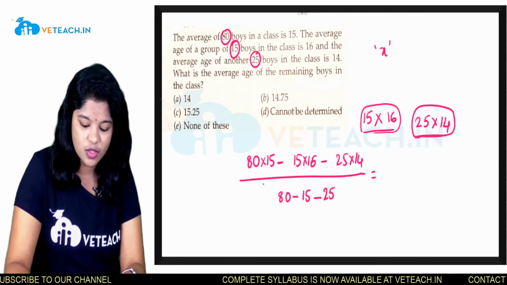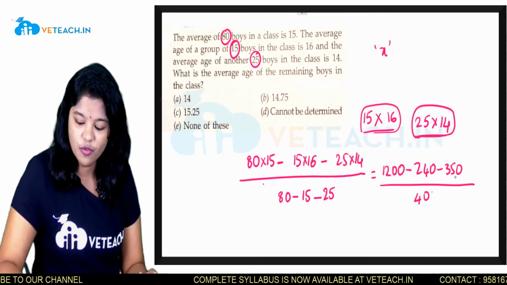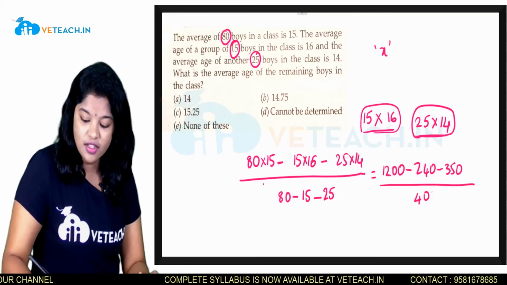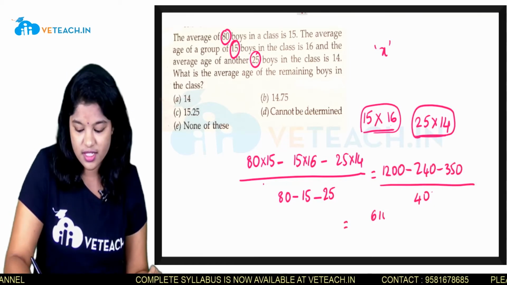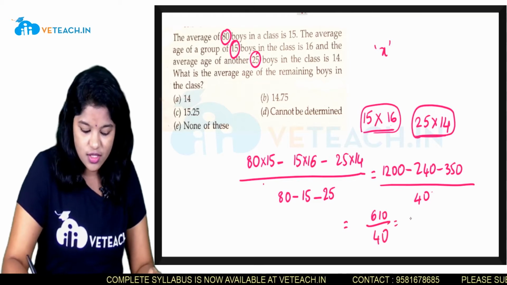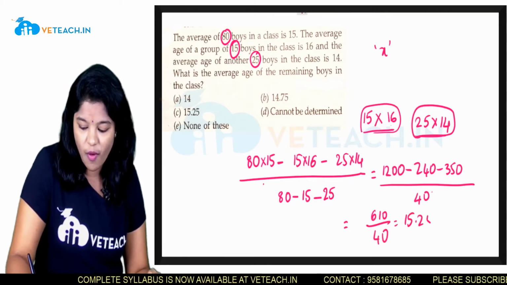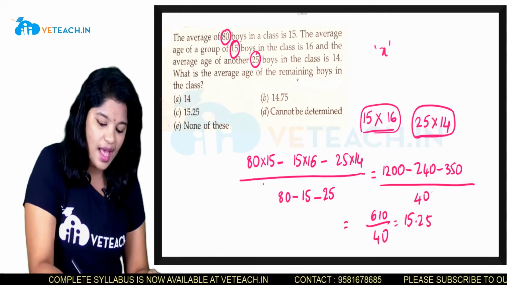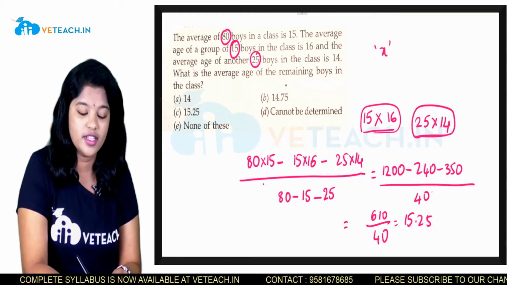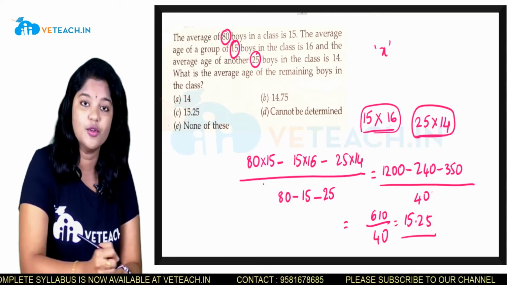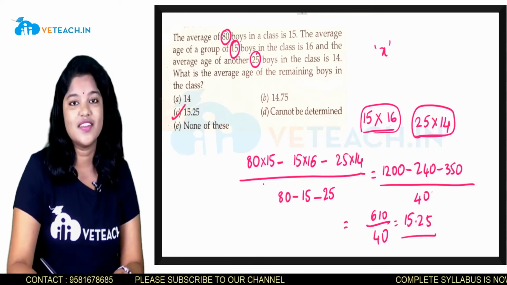So, that is equal to 1200 minus 240 minus 350 by 40. That is equal to 610 divided by 40. So, it is equal to 15.25. So, the average age of the remaining boys is nothing but 15.25. So option C is our correct answer.